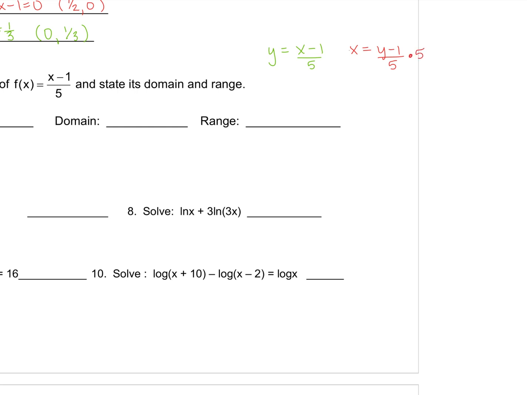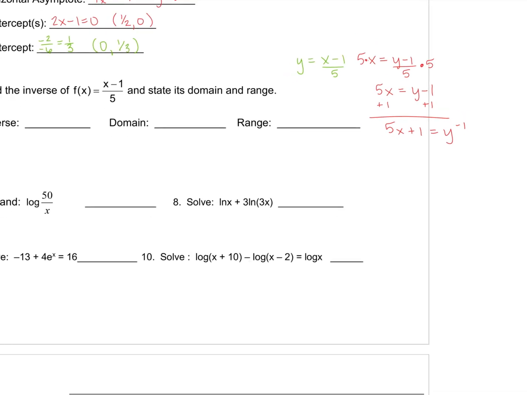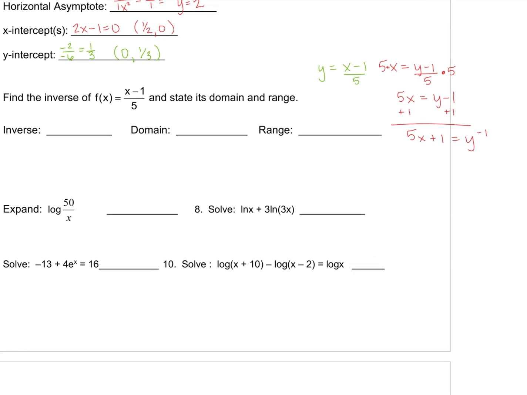I'm going to multiply both sides by 5 to get 5x equals y minus 1. Move the 1 to get 5x plus 1 equals y, and he is my inverse. So I'm going to go back over here and write my inverse as f to the power of negative 1 of x equals 5x plus 1.